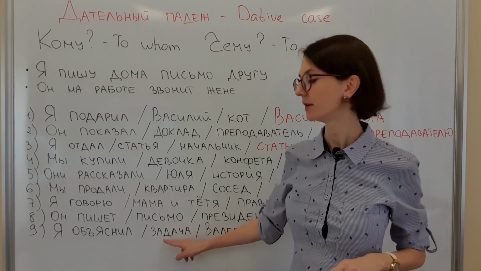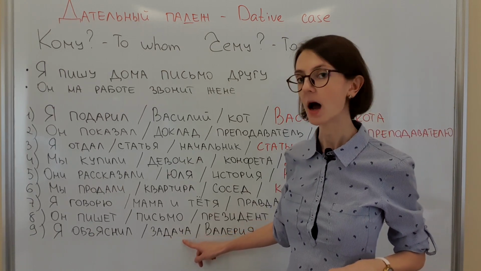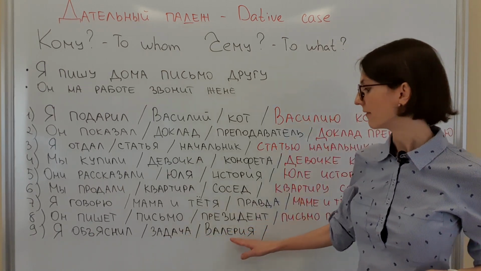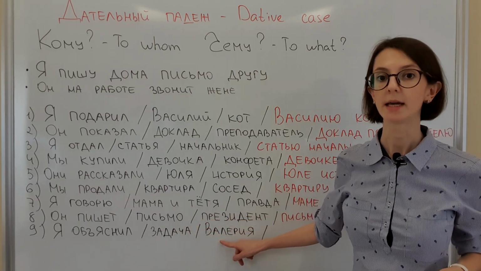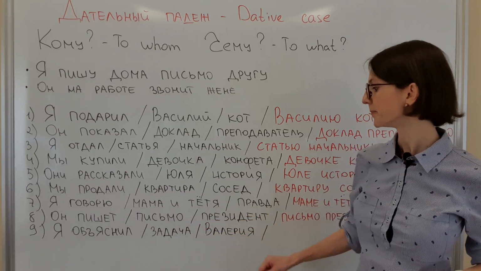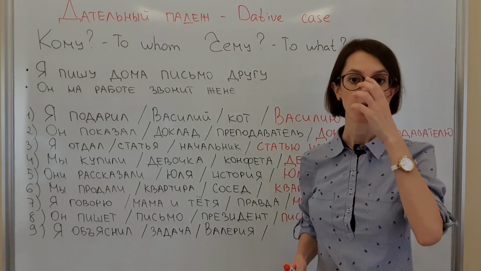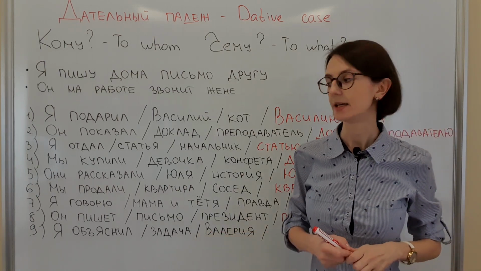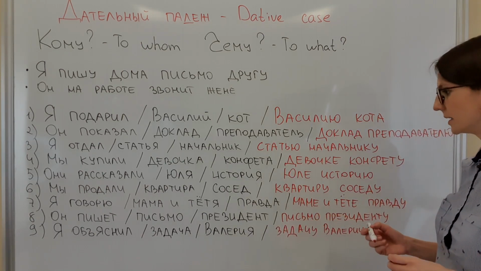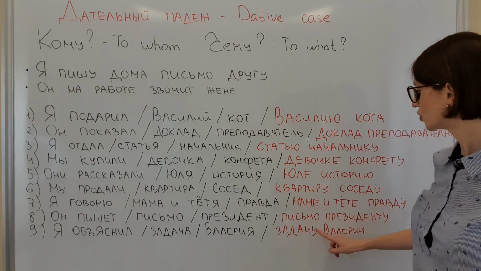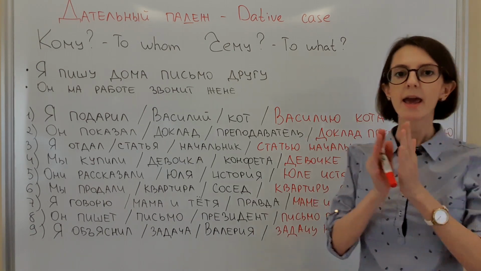Feminine, non-living noun that we need to decline. Валерия, я объяснил задачу. Кому? Я объяснил задачу Валерии. This is a recipient, dative case. Я объяснил задачу Валерии.